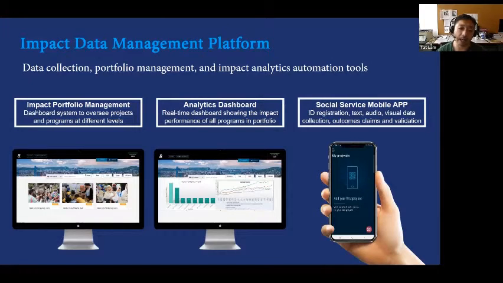So this is about how the system actually runs. It's a dashboard system for organizations to have their projects on. There's a mobile application, which is basically their ID or identification wallet for beneficiaries to log in. So beneficiaries are able to participate in all kinds of impact measurements and also validate impacts. The one in the middle is the analytic dashboard, where you can compare your own impact with other organizations or other projects.